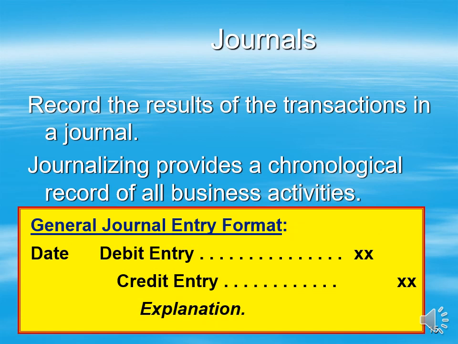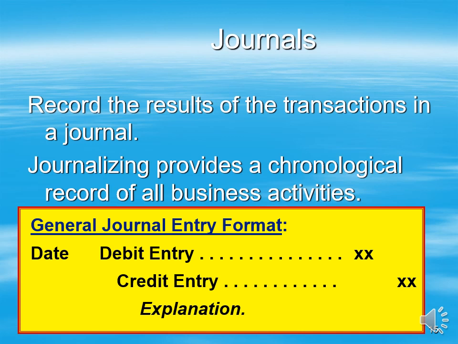Okay, this is the format that you have to use when you record a transaction in the general journal. The first thing that you have to write is the date of the transaction, and then you have to write the debit entry and the amount.